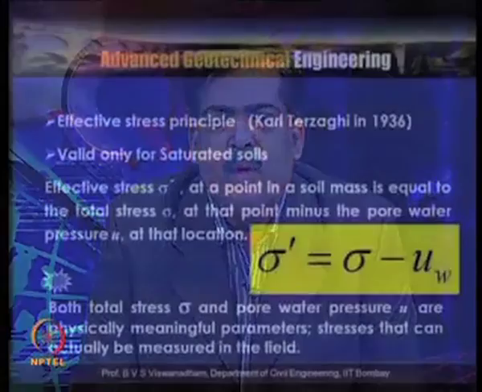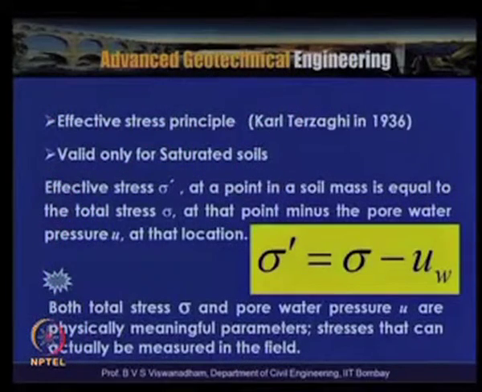The effective stress principle, given by Karl Terzaghi in 1936, is valid only for saturated soils. Effective stress is indicated by sigma dash, and at a point in a soil mass it is equal to the total stress sigma at that point minus the pore water pressure U at that location. So, total stress sigma is apportioned between effective stress sigma dash and pore water pressure, or effective stress is nothing but sigma minus U_w.